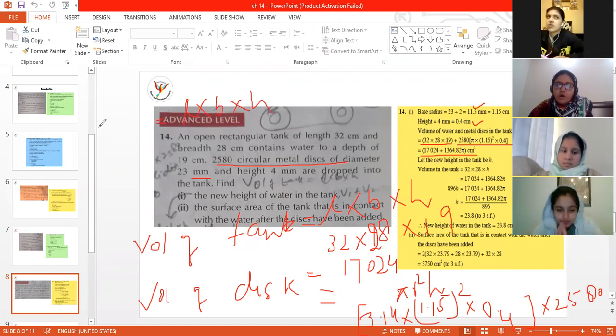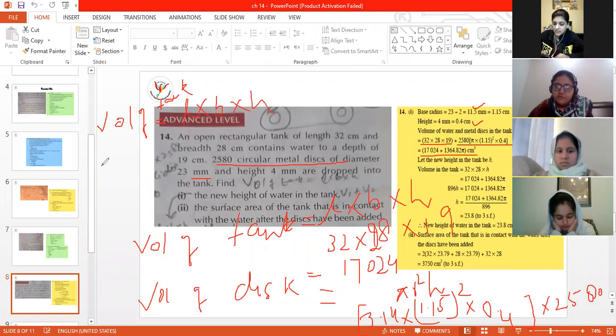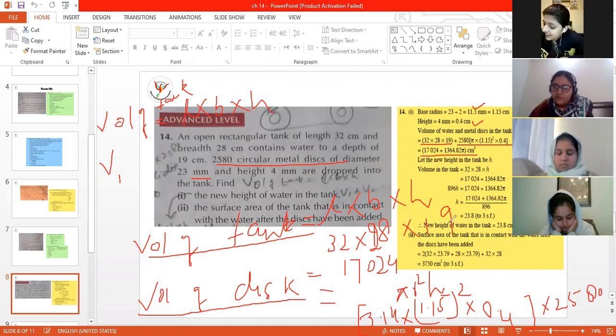Now the volume of the rectangular tank is divided into two. V1 is what we have already found, and V2 is what we have already found. The total volume is 17024 plus 1364.82 multiplied by pi, which equals length 32, breadth 28, and height 19.